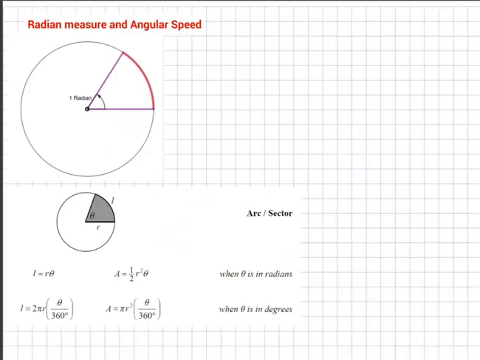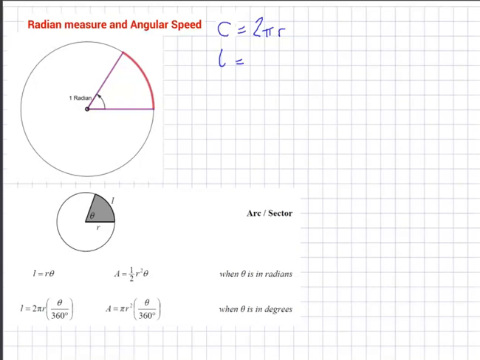We can then start making connections between radians and degrees. So if we think about the circumference of a circle, we know that its circumference is 2 pi r. If we want to think about a part of a circumference, a length, we can think of that in terms of my angle. 2 pi is the full turn in radians.